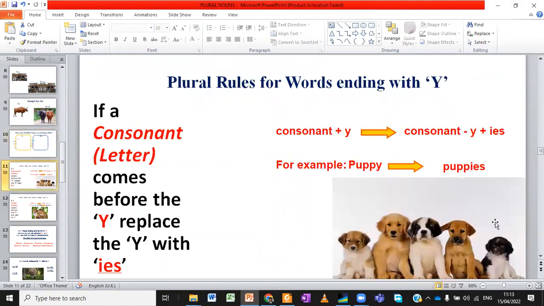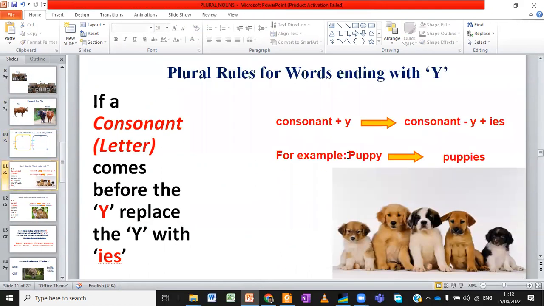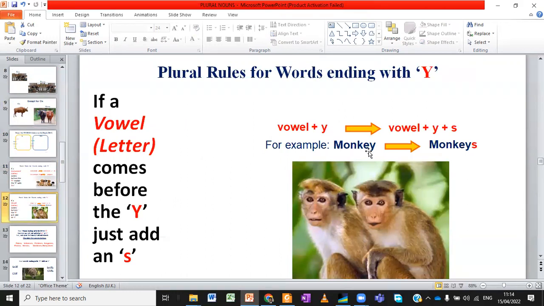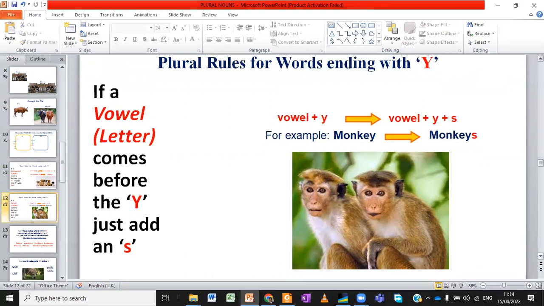Now, for words that end with Y, there is a rule which I mentioned earlier. If the letter before the Y is a consonant, the plural must have IES. For example, puppies. If the letter before the Y is a vowel, you just add an S, just like monkeys.